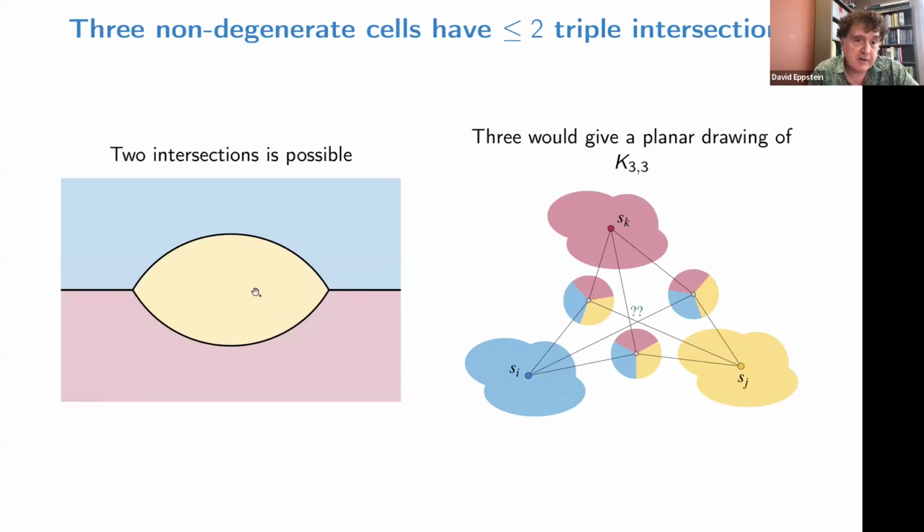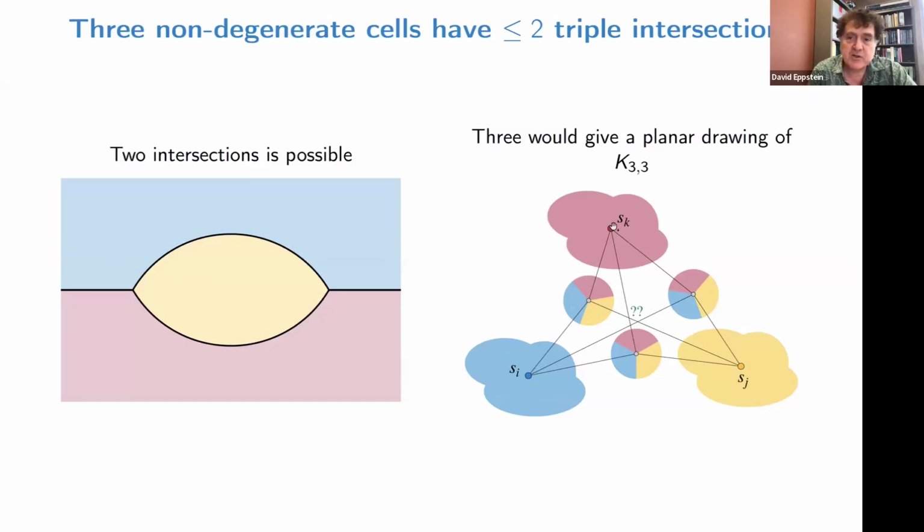2 is possible. You can get something that looks like this. But if you tried to form 3 cells with 3 of these triple junctions, the fact that these cells are star-shaped means that you could draw segments from each of these junctions to each of the sites.